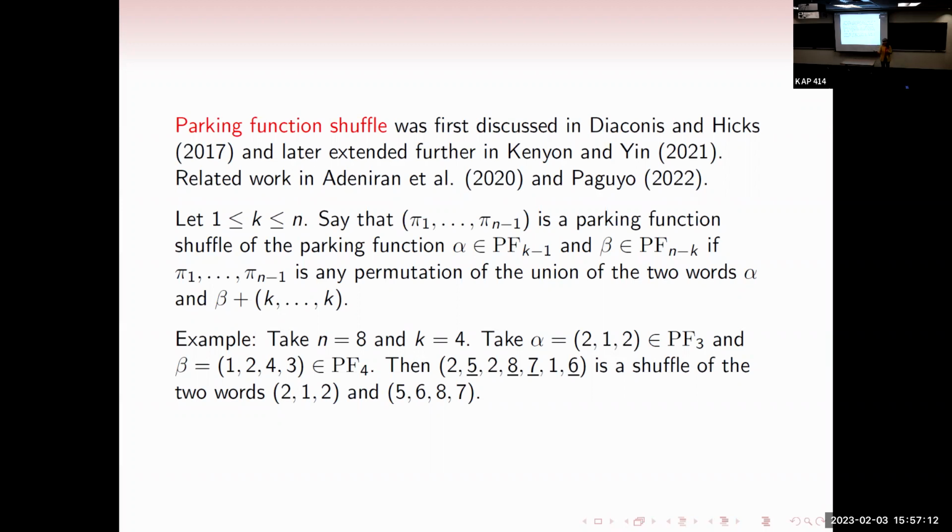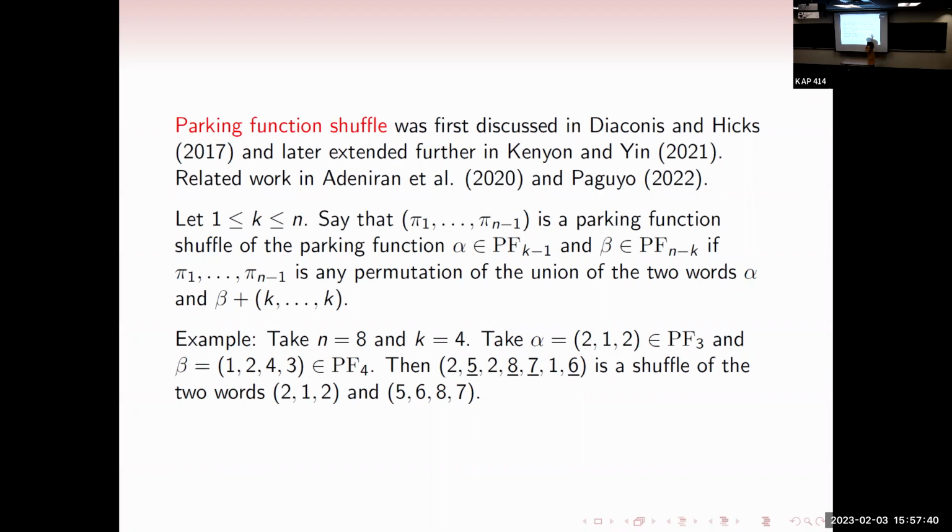The idea is that the open spot k before the last car enters breaks up the parking function into 2 components, because a car cannot jump over an empty spot. So the first component is occupied by the first k minus 1 cars, and the next component is occupied by the next n minus k cars. That's why we have this shuffle idea.